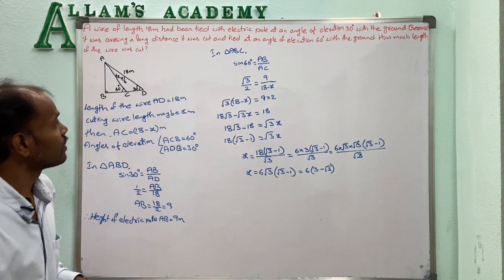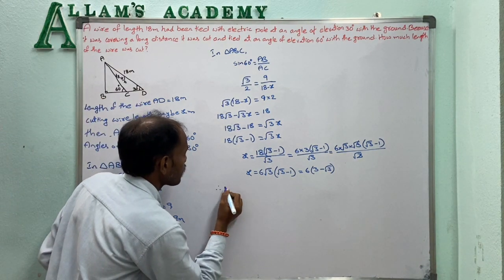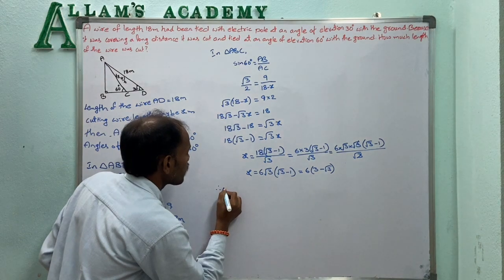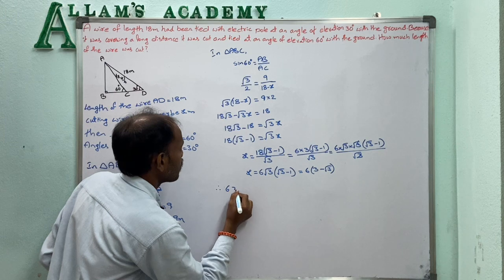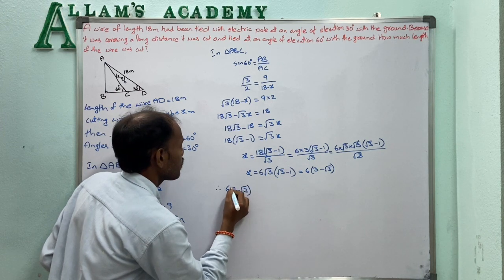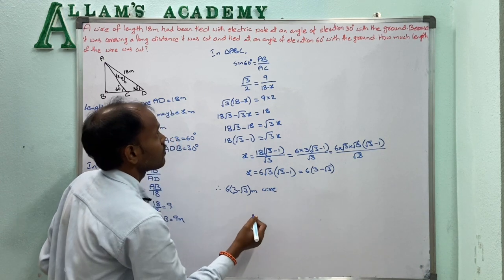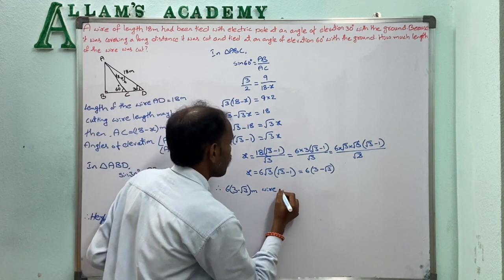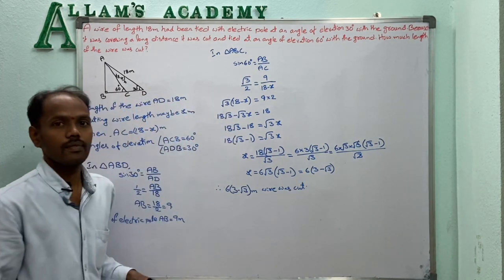Okay. Therefore, 6 into 3 minus root 3 meters of wire was cut.